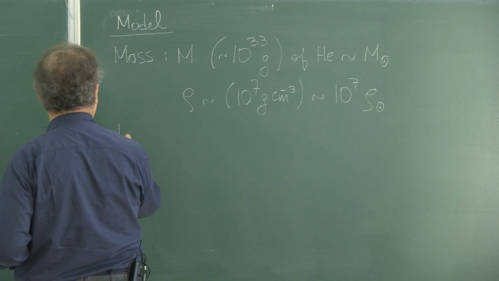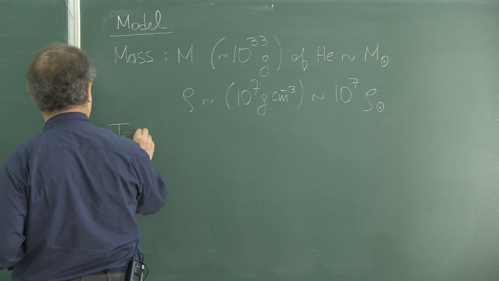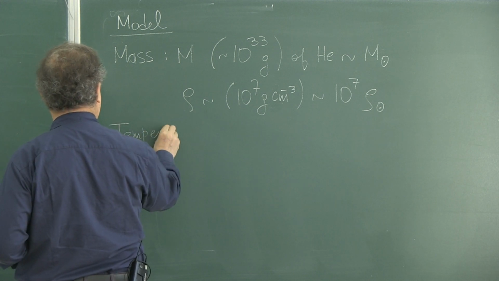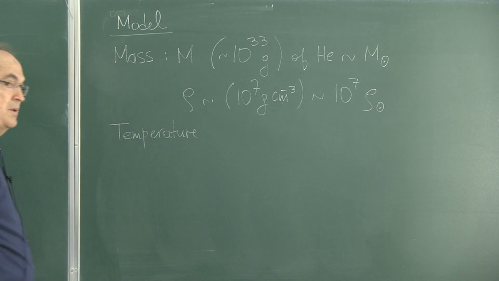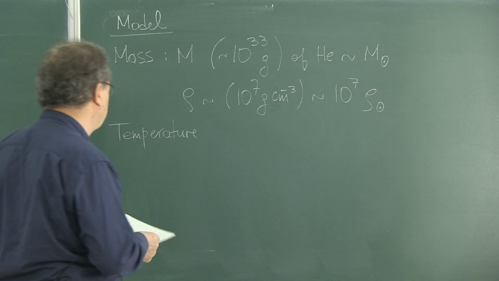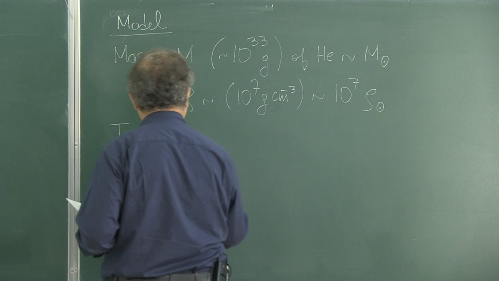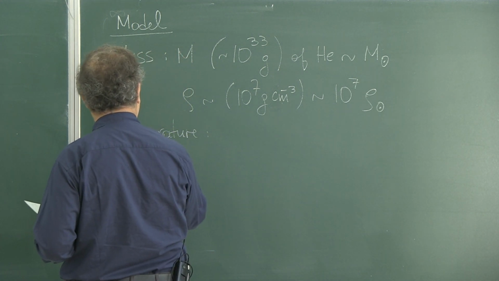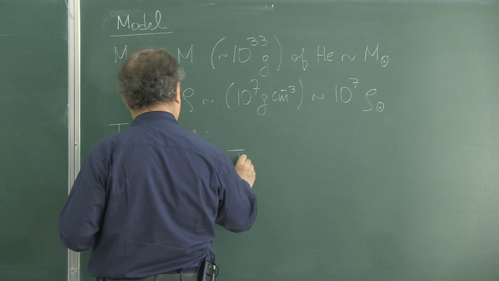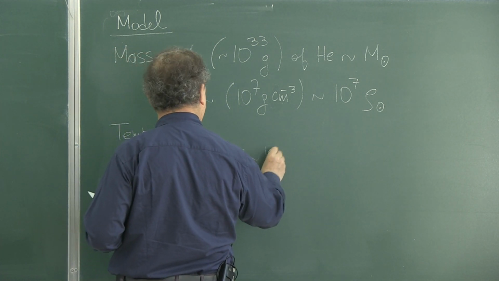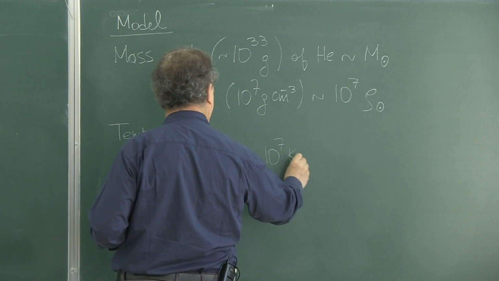Let's look at the temperature of the star. Now, I think you will understand the importance of model making, creating the model for your system. The central temperature is of the order of 10 to 7 Kelvin.